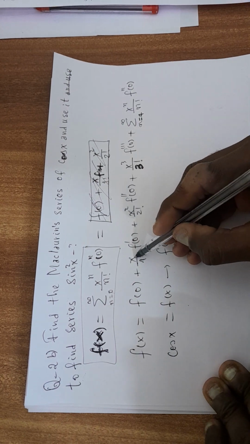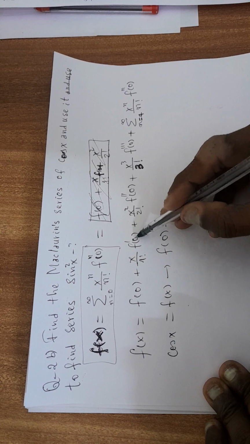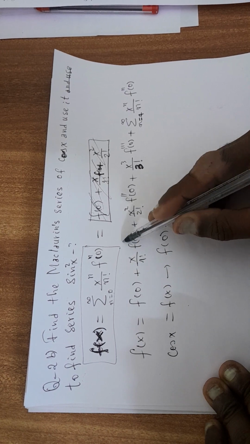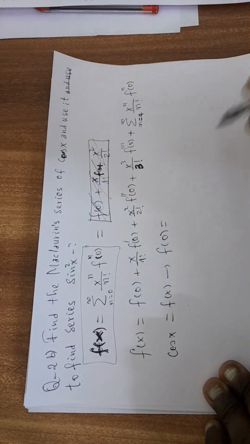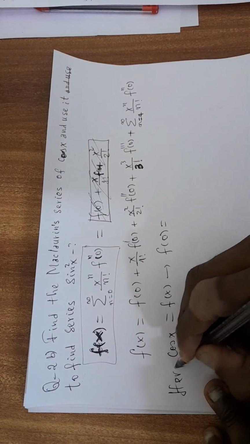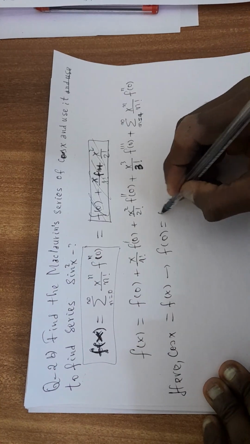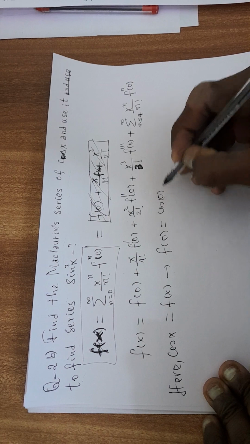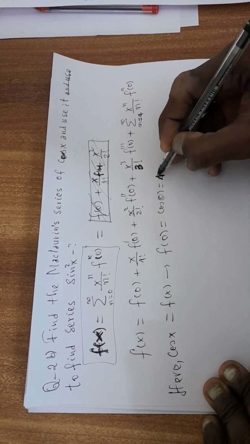Because I already have x, I just have to find f(0), the first derivative at 0, and the second derivative at 0. That's all I need. So f(0) will be cos of 0, which is 1.